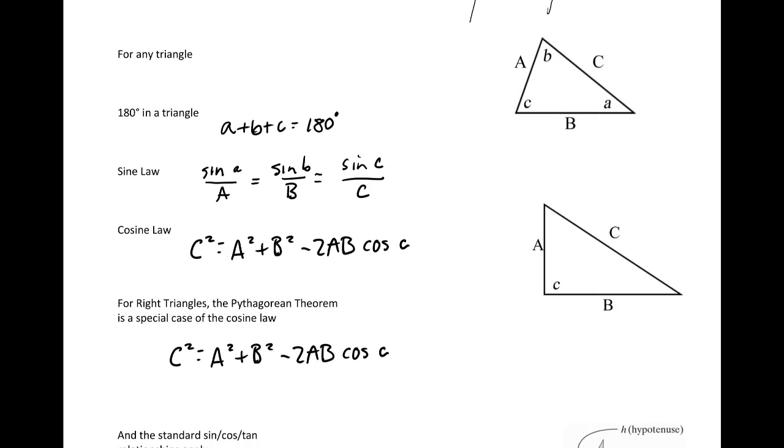Obviously it applies for a right triangle too, but just notice here that side C is going to be opposite angle C, and if this is a right triangle, C is going to be equal to a 90-degree angle. The cosine of C, or cosine of 90 degrees, is actually equal to 0. And so this whole term goes away, and what you're left with is the Pythagorean theorem. And so the Pythagorean theorem is then a special case of the cosine law.